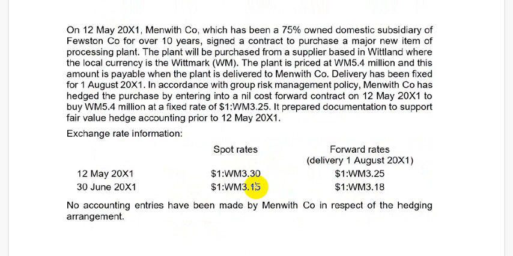June, we've got spot rates there, we've got forward rates.